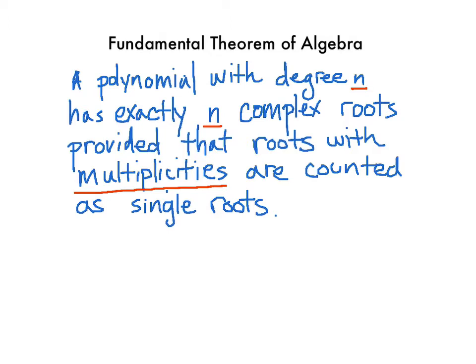So if it's degree 3, we should have 3 complex roots, which include real roots and imaginary roots, which we'll talk about later. If it's degree 4, we should have 4 complex roots, and they can be real roots or imaginary roots. So let's take a look at how we use this in the next graph.